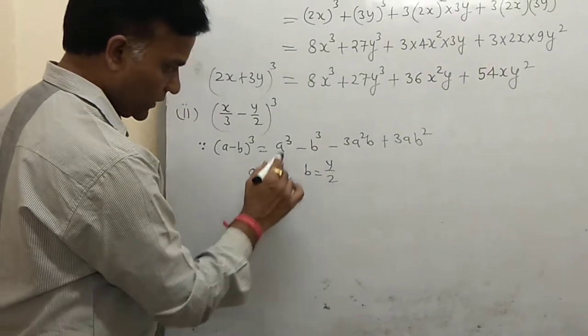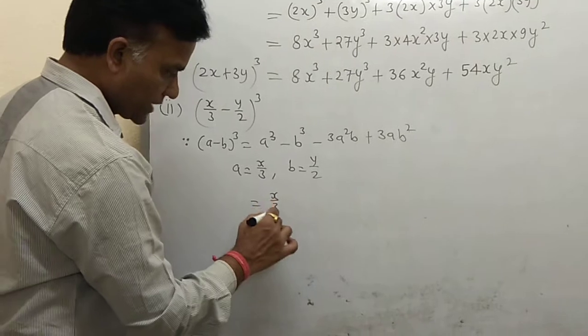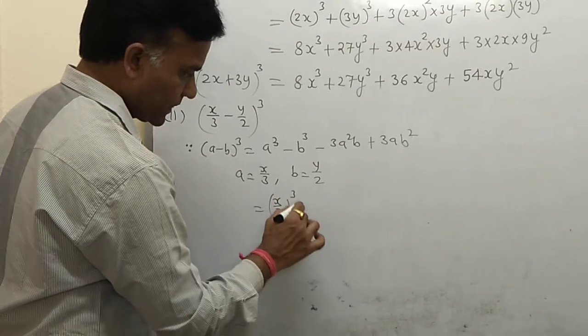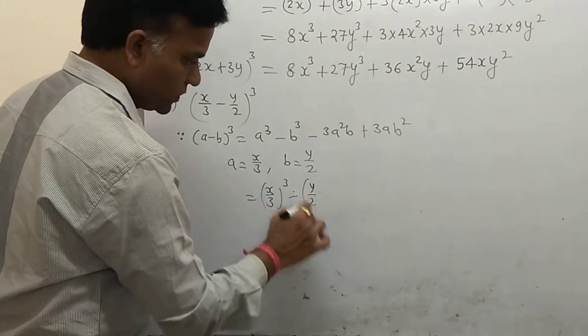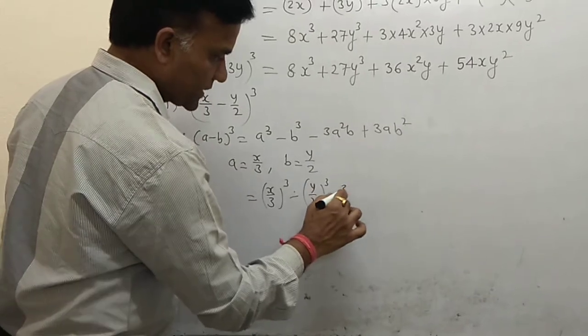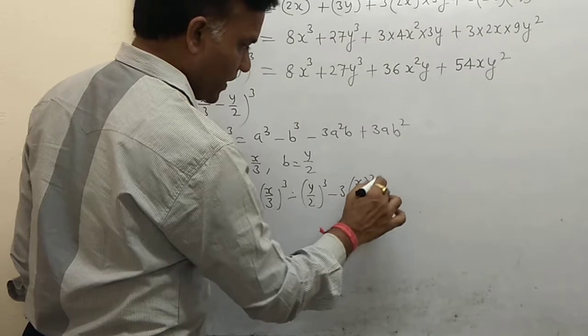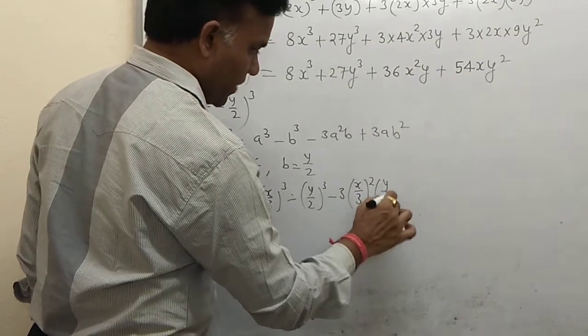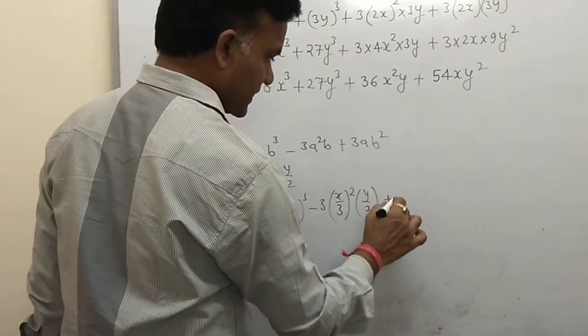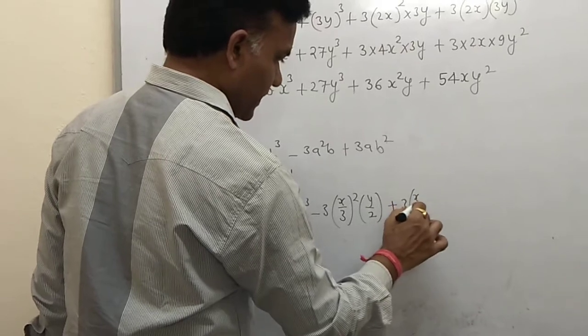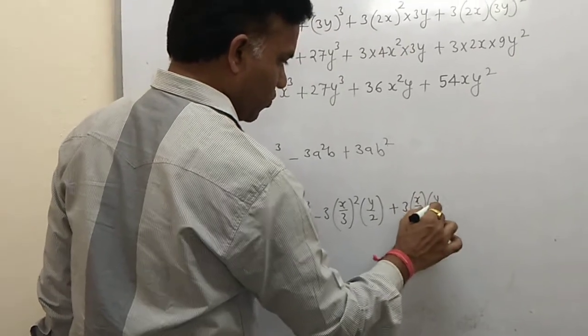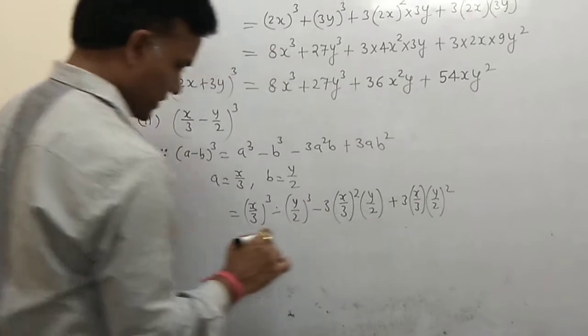Now substitute the values in the given identity: (x/3)³ − (y/2)³ − 3 into (x/3)² into y/2, plus 3 into x/3 and (y/2)².